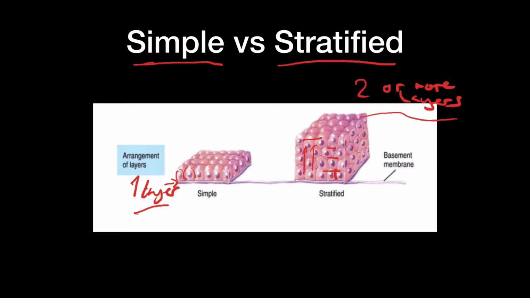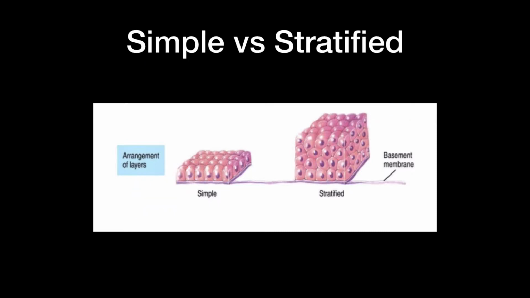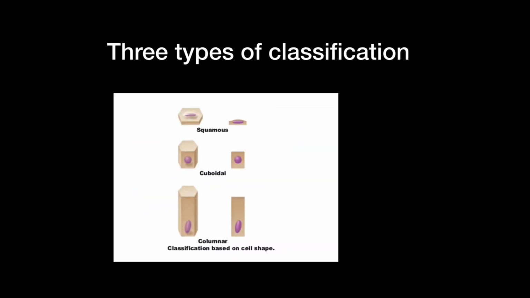But there's another way to classify epithelial tissue, and that is by looking at the shape of the cells as well. So there are three common types of epithelial tissue. We have squamous, cuboidal, and columnar epithelium. The first one is squamous, and squamous you'll find as simple. If you find it as simple, you will call this simple squamous epithelium. So for instance, if you have the basal membrane here, right?